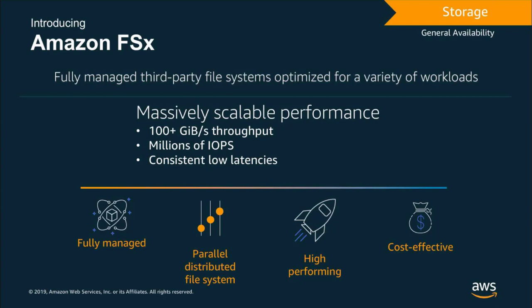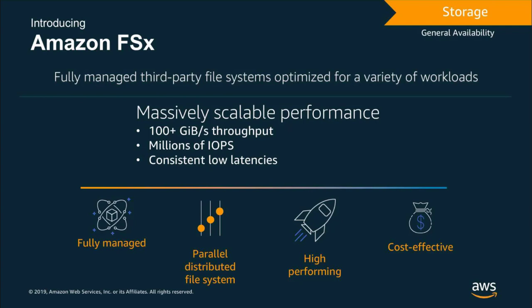Another very exciting release for HPC at re:Invent was the announcement of Amazon FSx for Lustre. Amazon FSx for Lustre is a high-performance file system. While Lustre is far from new to the HPC crowd, FSx for Lustre is a fully managed service, which means that you don't have to fiddle with it and maintain it to use it. It creates and configures file systems that are highly durable and available in minutes.